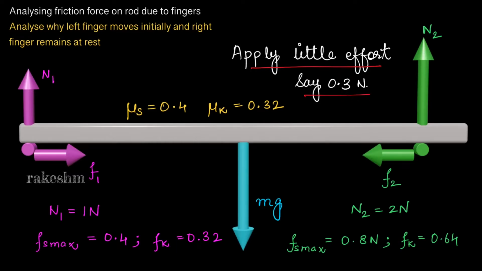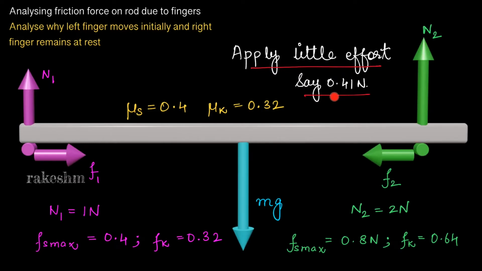On the left finger you are applying 0.3 Newton and trying to move it. As the Fs max is 0.4, the left finger does not move. Coming to the right finger, you are applying 0.3 Newton and the maximum static friction is 0.8 Newton. Even this finger does not move.